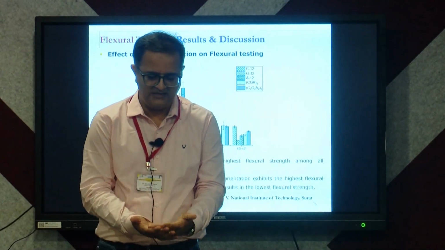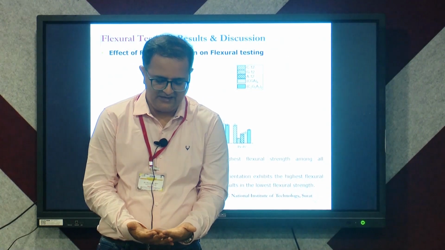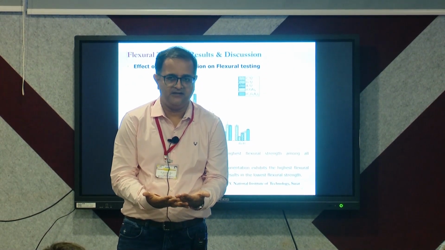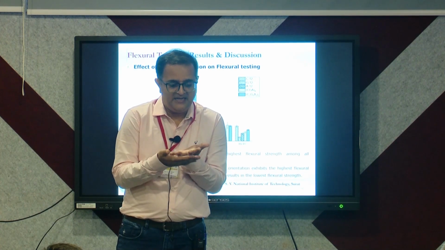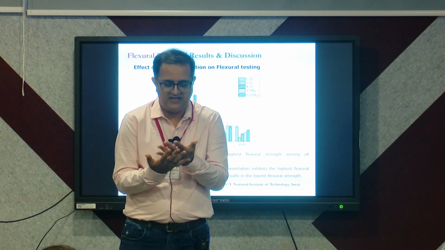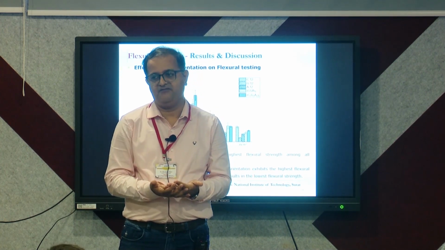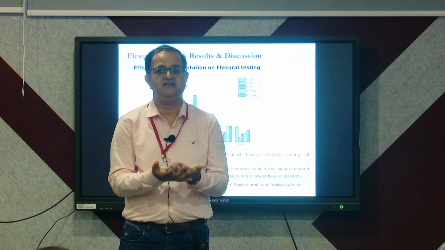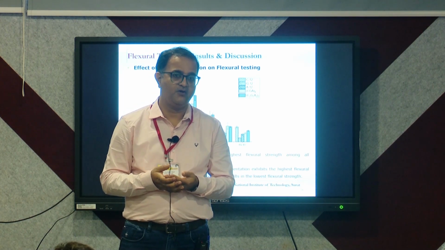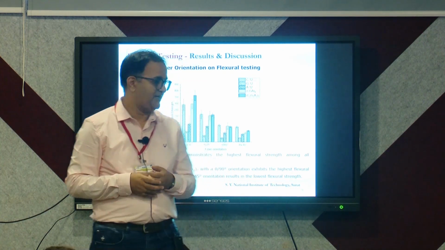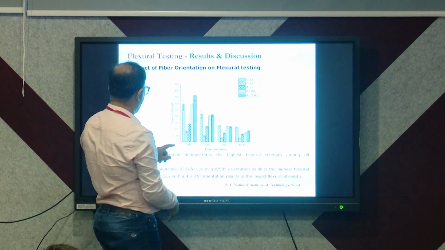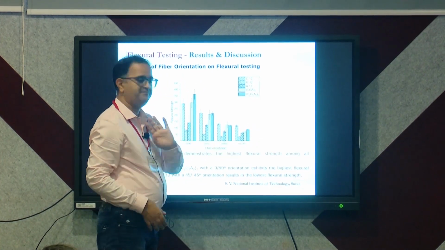So when you bring them under this effect, both the layers very easily get delaminated. If it is 0/90, only the 90 gets delamination, the 0 may not. But when they are at 45, both of them behave in the same way, plus 45, minus 45. So there would be more delamination resulting in breakage at a faster rate. So there you see at 45, the strength as compared to 0/90 is quite less.